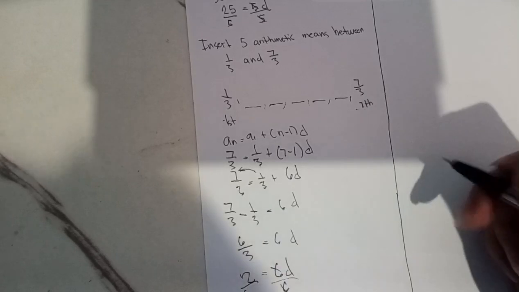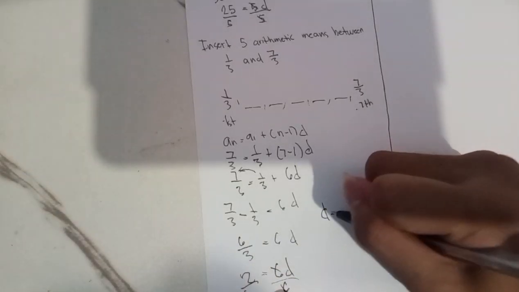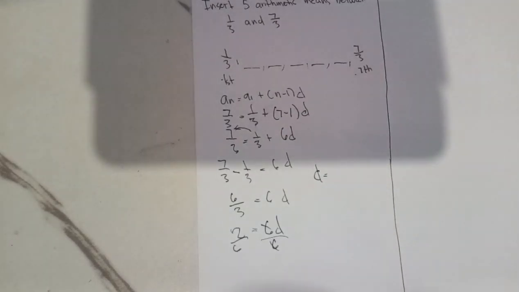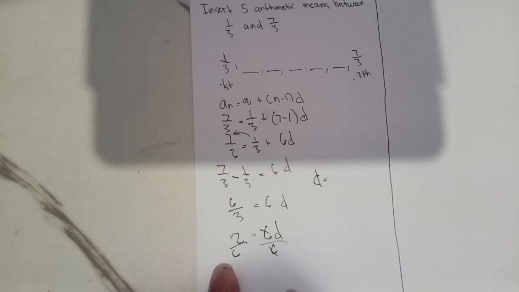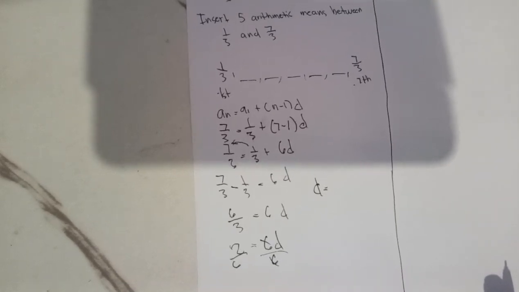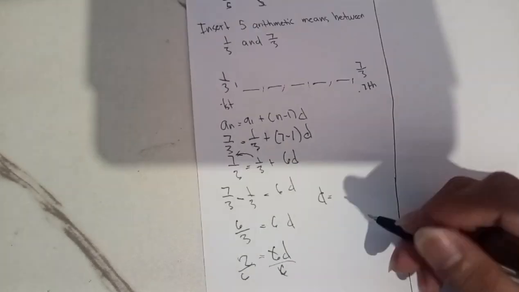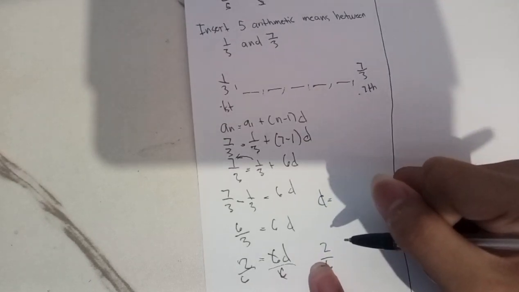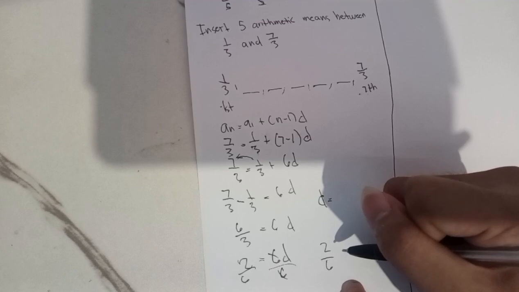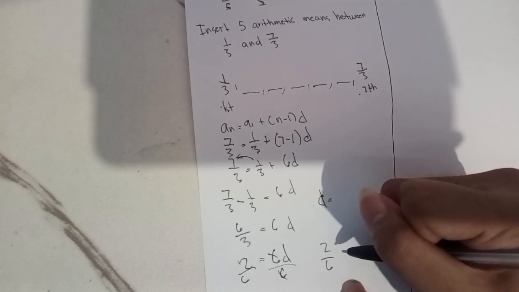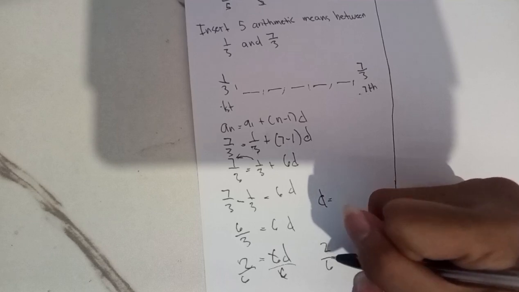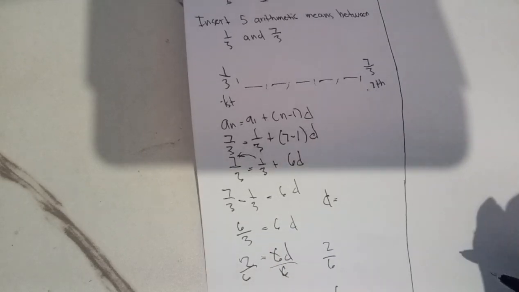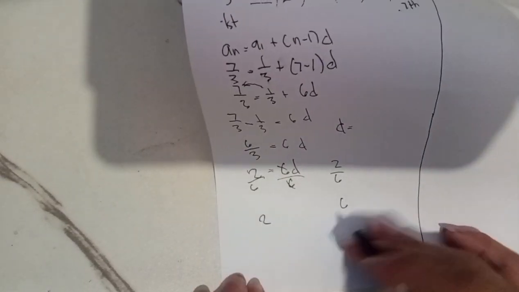So, cancel. So, our common difference is 2/6. But, we need to simplify it into the lowest term. So, what is that lowest term? So, 2/6. What is their common factor? I mean, greatest common factor. So, let's do a factor tree for 2 and for 6. Okay, ganyan.